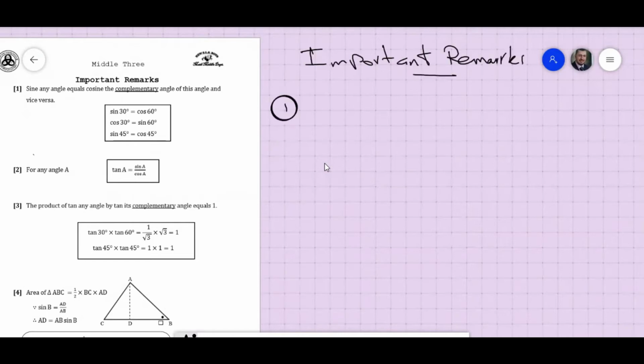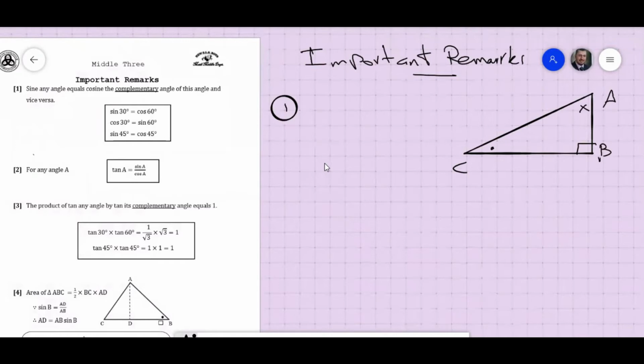The first one, if I have the triangle ABC, right angle at B. What is the relation between angle A and C? Excellent. The two angles A plus C will be equal 90.